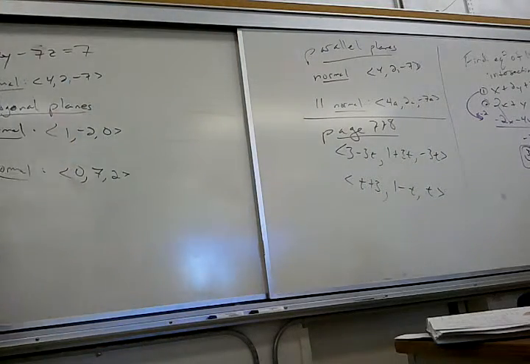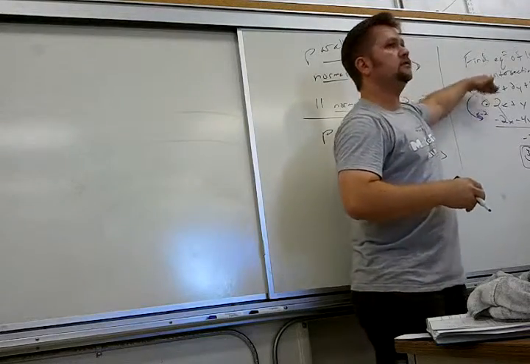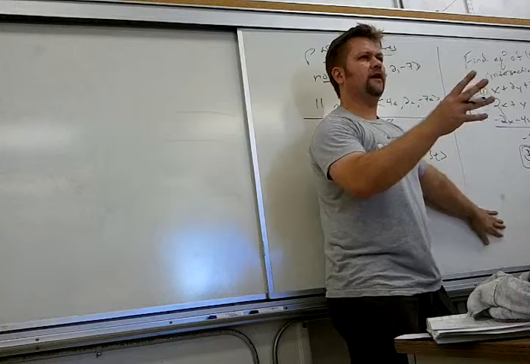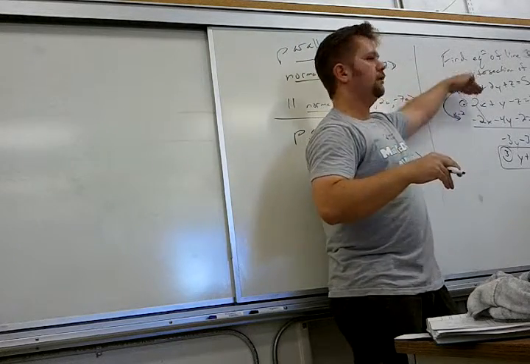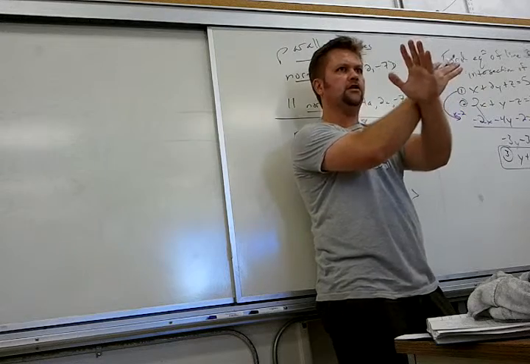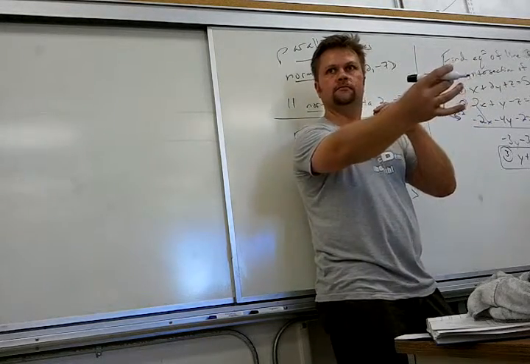Really, what does it mean when you have a system of equations? That's kind of a vague question, but it means that both of these are true at the same time. Isn't that what I want to have happen? The intersection is going to be where both of these equations are true at the same time.